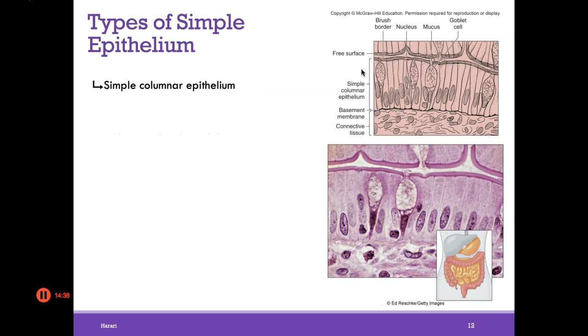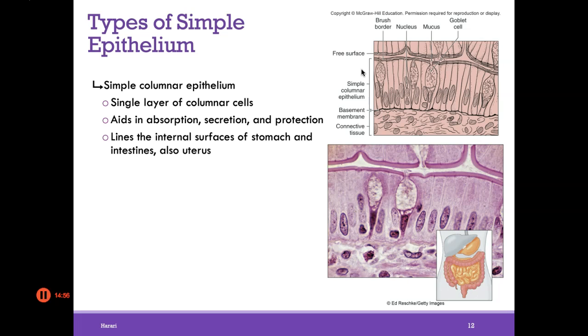Next up, we have simple columnar epithelium. And in simple columnar epithelium, we have a single layer of columnar cells, right? They're very narrow. And these are aiding in absorption and secretion as well, but also for protection. We see these lining the internal surfaces of our stomach and the intestines, also the uterus.